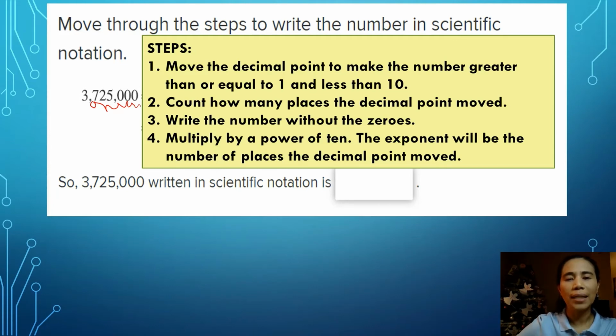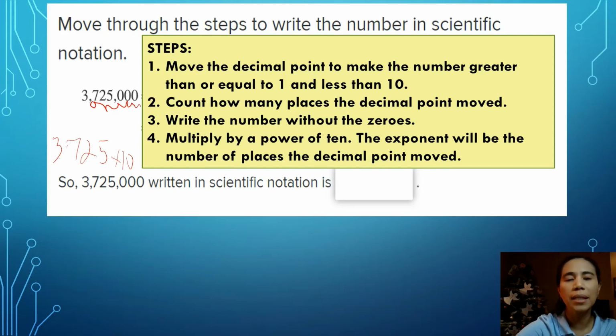We can now write the number without the zeros. So we drop all the zeros, so we only have 3, 7, 2, 5. Next step is we write the number without the zeros, then multiply it by a power of 10, and the exponent will be the number of places the decimal point moved. We said a while ago that we have moved 1, 2, 3, 4, 5, 6.